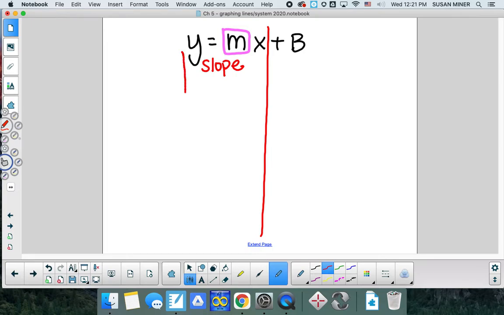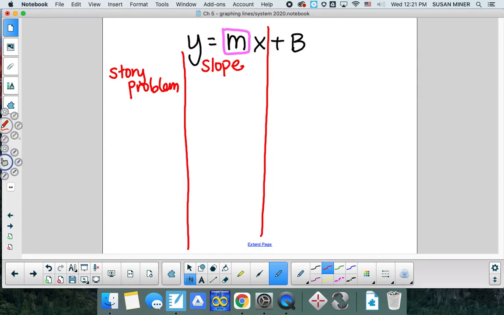If I'm looking at a story problem, what would I be looking for in order to find the slope? In the story problem, I look for specific words that mean I'm increasing or decreasing by a certain amount.